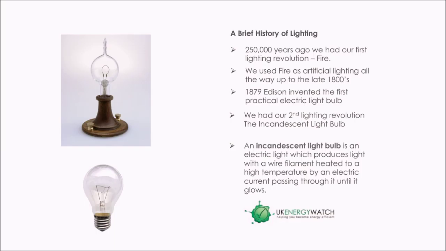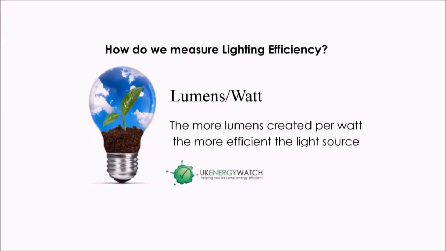Essentially, the incandescent light bulb is an electric light which produces light. It's a wire filament which is heated inside a glass container, and we get heat and light, really, as the byproduct. Ever since that invention, as with most technologies, we've been improving the efficiency of lighting. So how do we measure lighting efficiency?